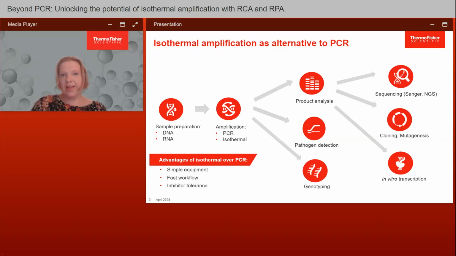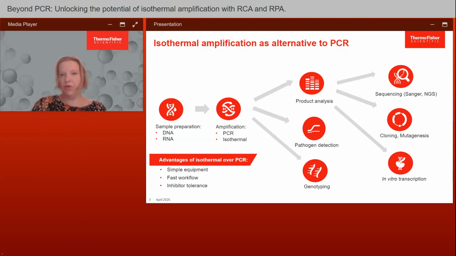Amplification of nucleic acids is at the core of almost all molecular biology workflows because DNA or RNA in the sample can be very precious, limited. Amplification allows to get significant amount of a target region, which is sufficient for further analysis.